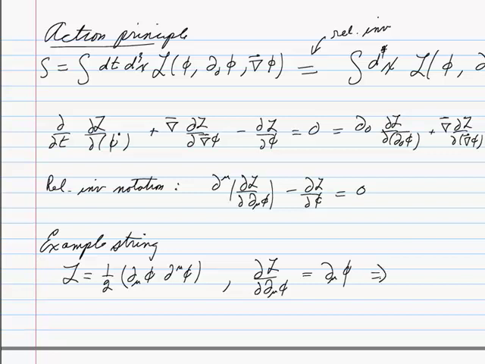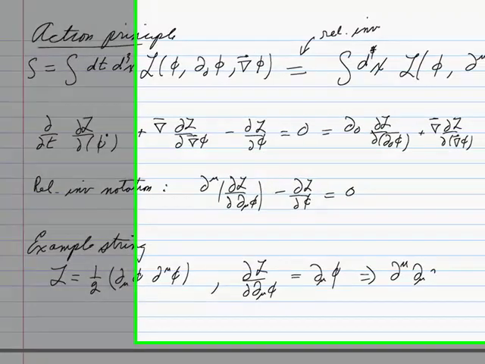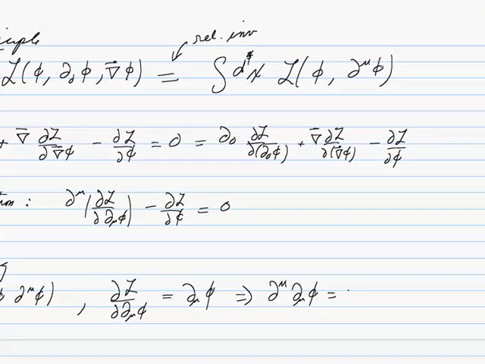And then the equations of motion say that I have d mu d mu phi equals 0, which was the equation of motion that we had. So that's how you do this in a flash.